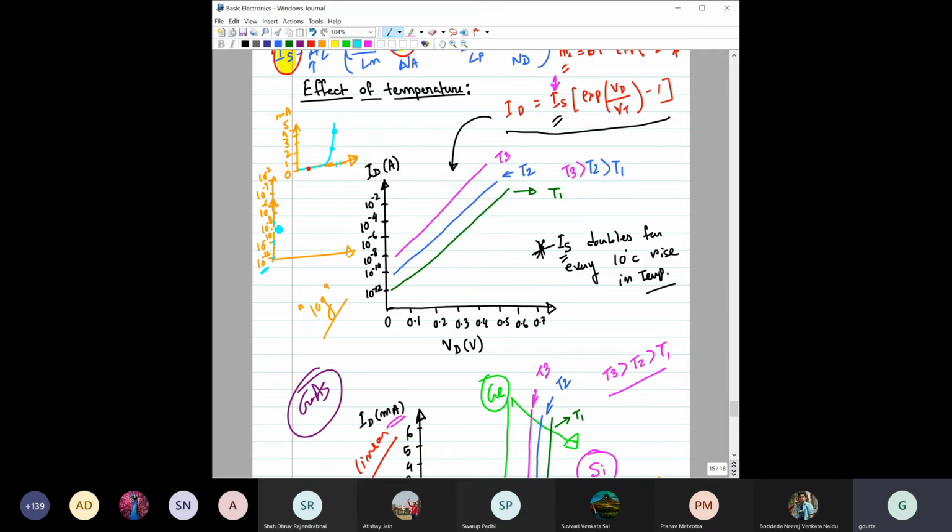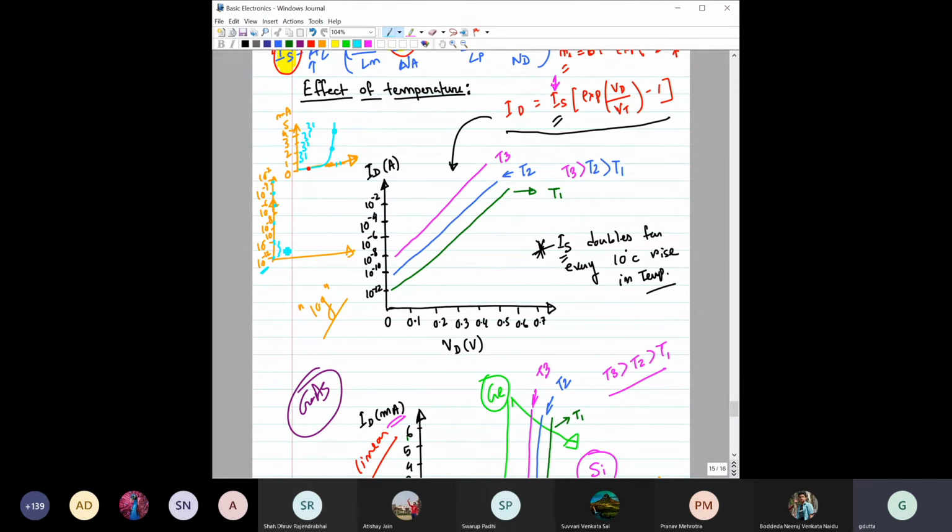From here to here, it is again becoming 100 times. From here to here, again 100 times. Again, from here to here, 100 times, right? But if you see the difference between these two now, this difference is 1, this difference is 1, this difference is 1. These are linear.